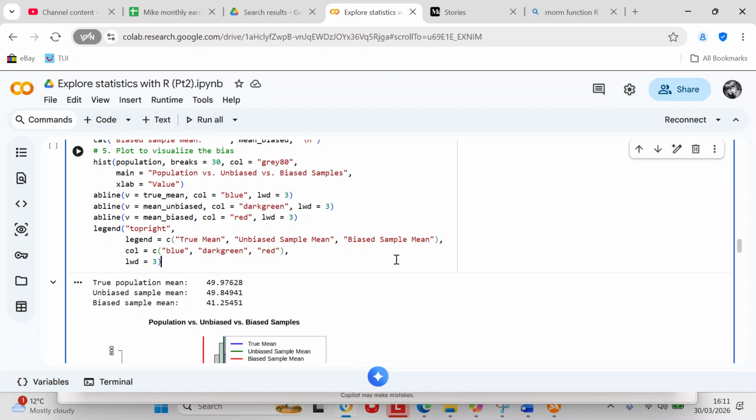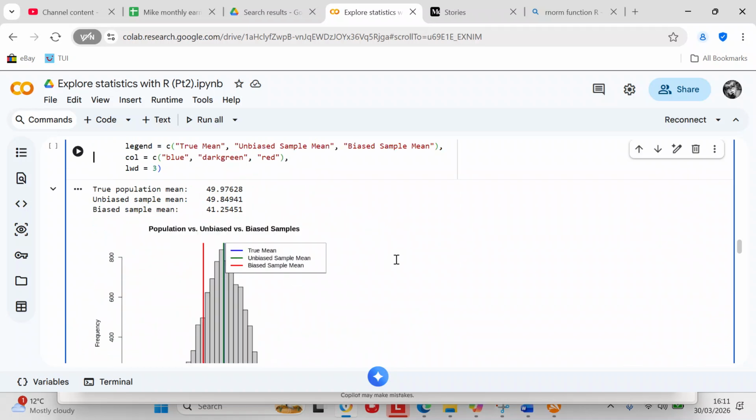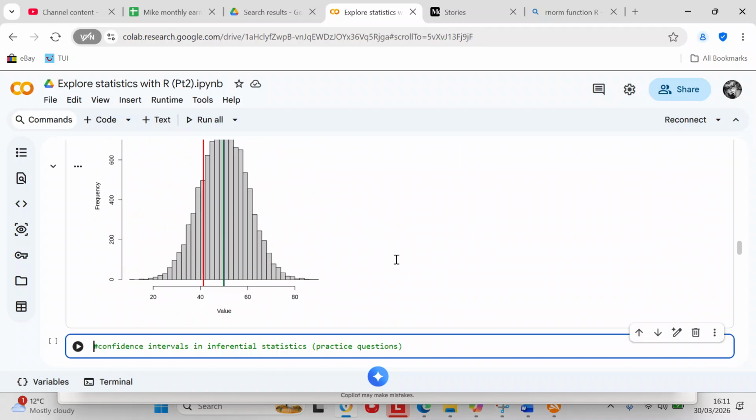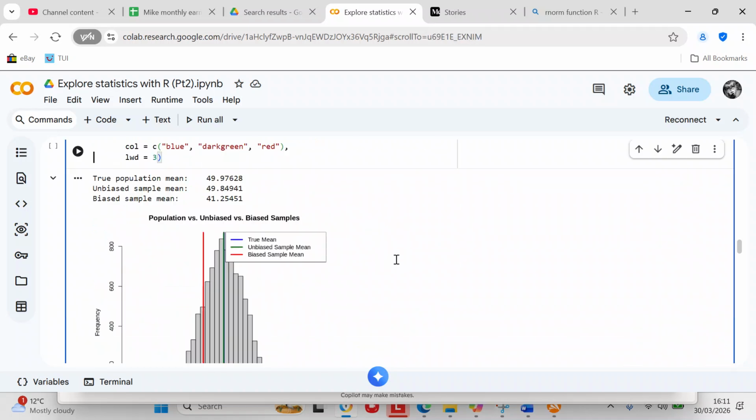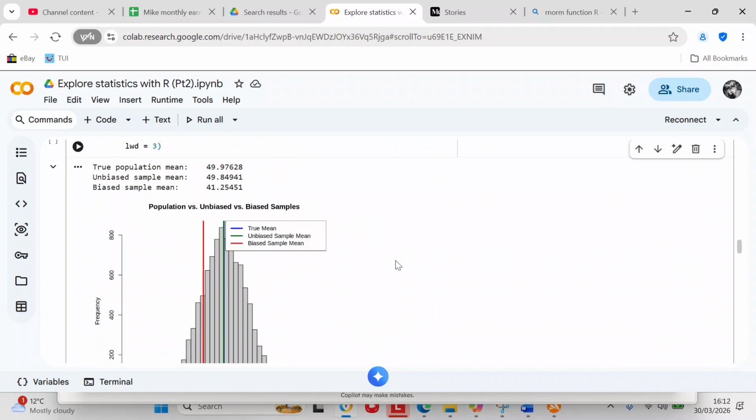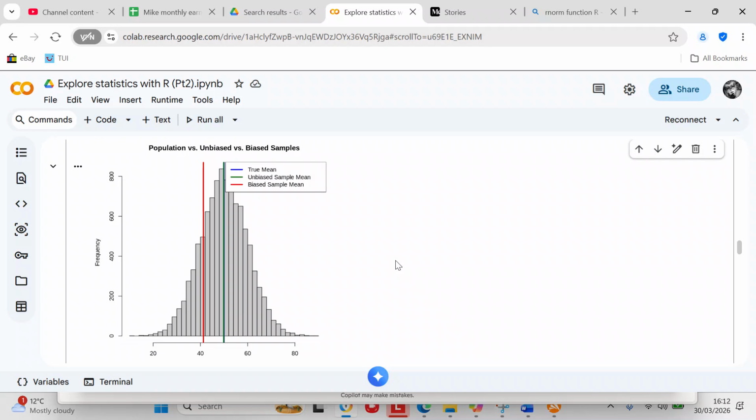And we're going to look at the histogram that we have created. So population versus unbiased versus biased samples. So this is the histogram we have created.